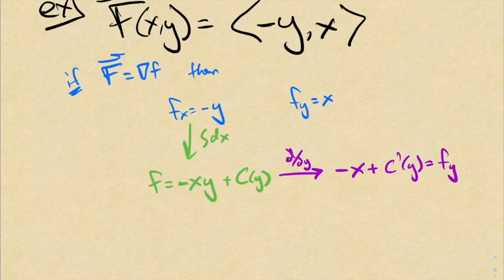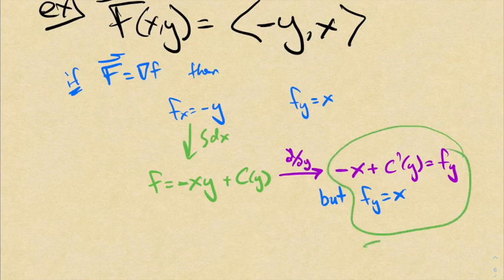But now if you compare to what we saw above, this is trouble. Both of these things can't be true at the same time. We can't have a minus x and an x.